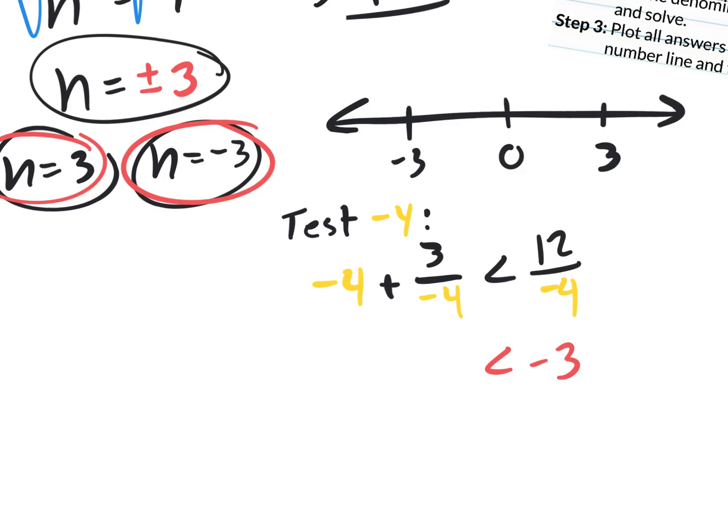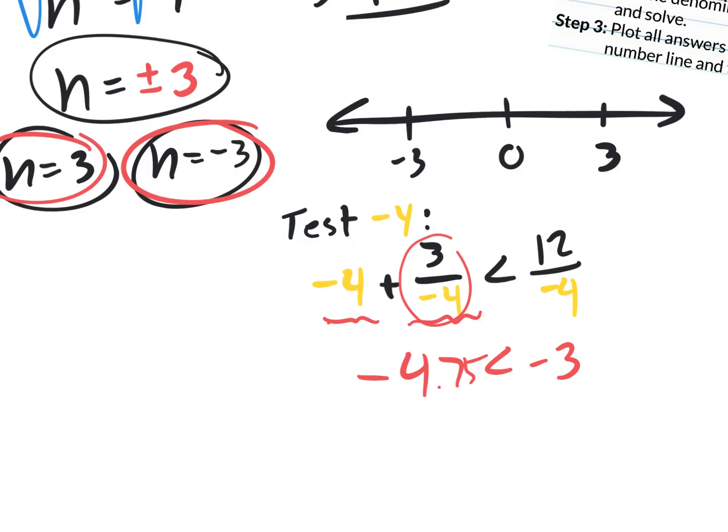Over here on this side, you have a negative 4 plus negative 3/4. Now think about that. Negative 3/4, if you change that to a decimal, that'd be negative 0.75. It's like owing 75 cents and owing $4, you would owe $4.75. So the question is, is negative 4.75 less than negative 3?